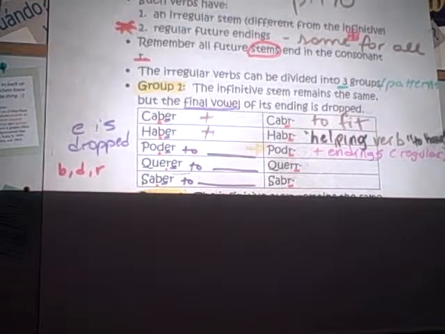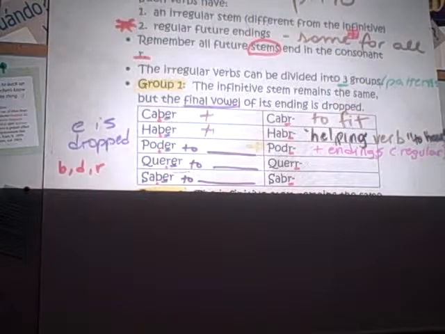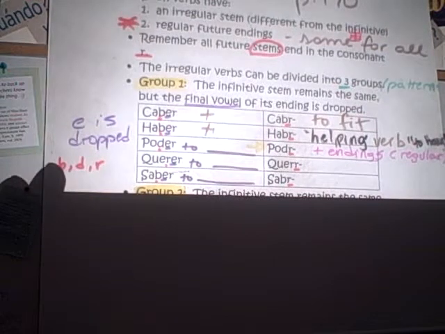Okay. Then once you attach your endings, querré, querrás, and you don't have to be able to trill your R's. It's perfectly fine. It's just the extra sound there that the 2 R's make together. And then saber, of course, drop your E, S-A-B-R.